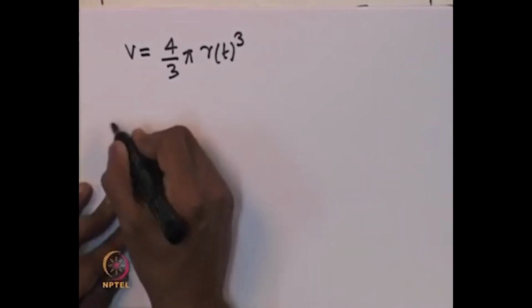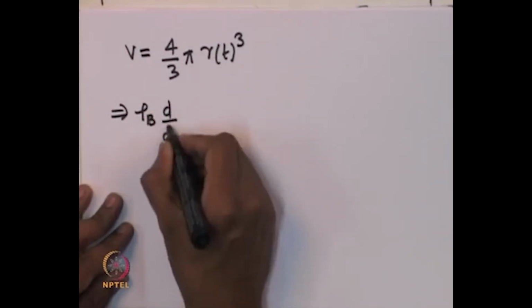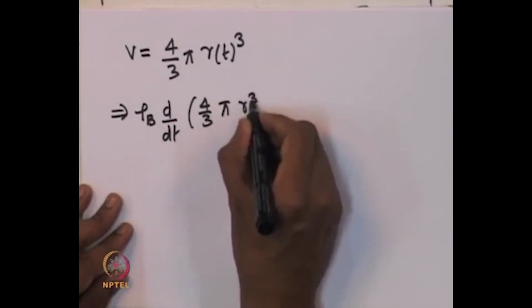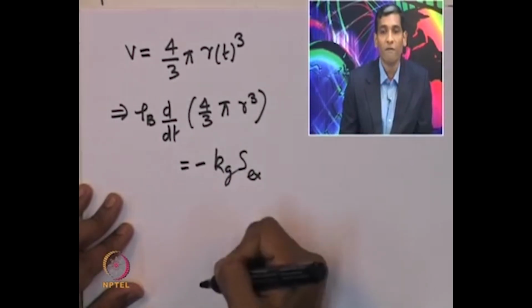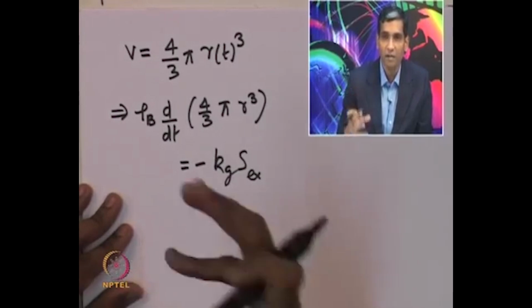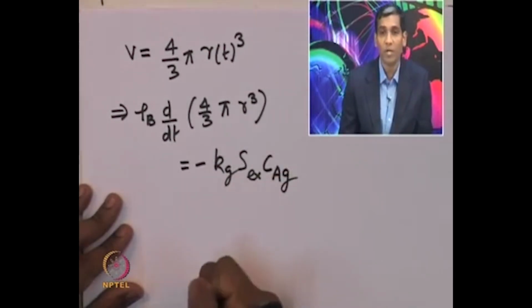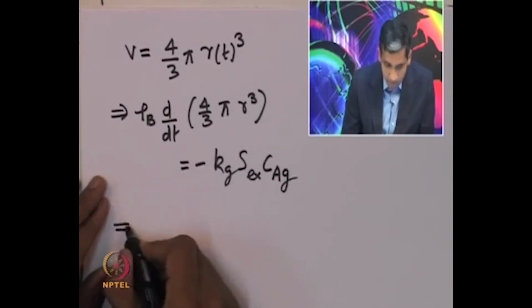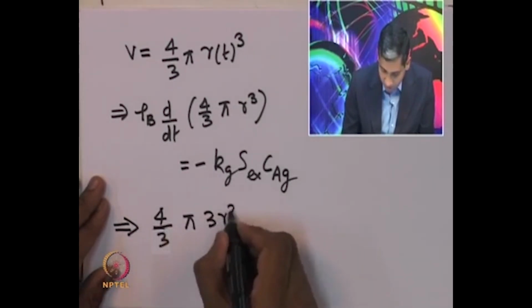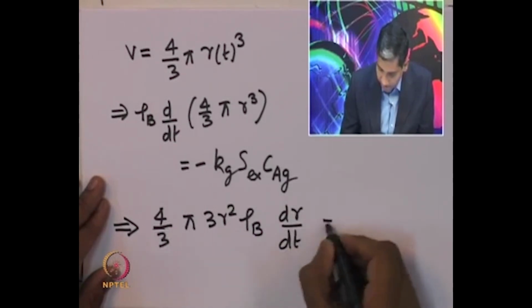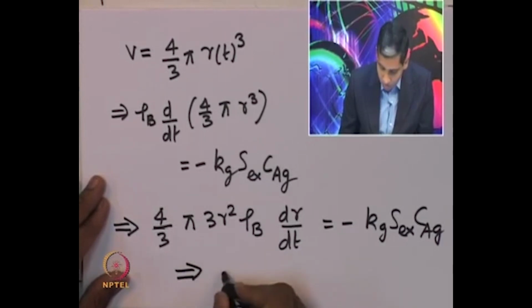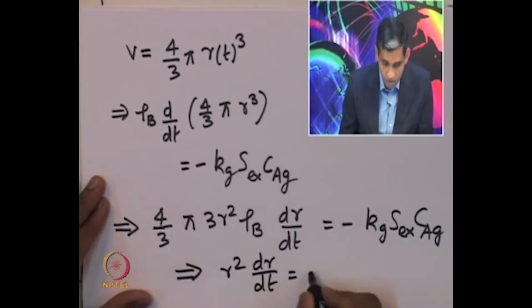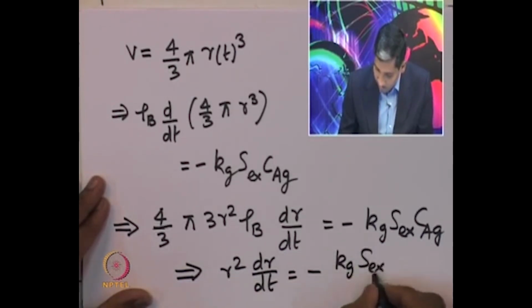Now, if we plug this expression into the mole balance, we find rho b d by dt of 4 by 3 pi r cube, where r is a function of time, equal to minus kg, the mass transport coefficient, into the external surface area of the initial spherical particle, multiplied by the bulk concentration of the reactant species A. That can be rewritten as 4 by 3 pi 3 r square rho b dr by dt equal to minus kg CAG, so r square dr by dt is equal to minus kg into CAG divided by 4 pi into rho b.